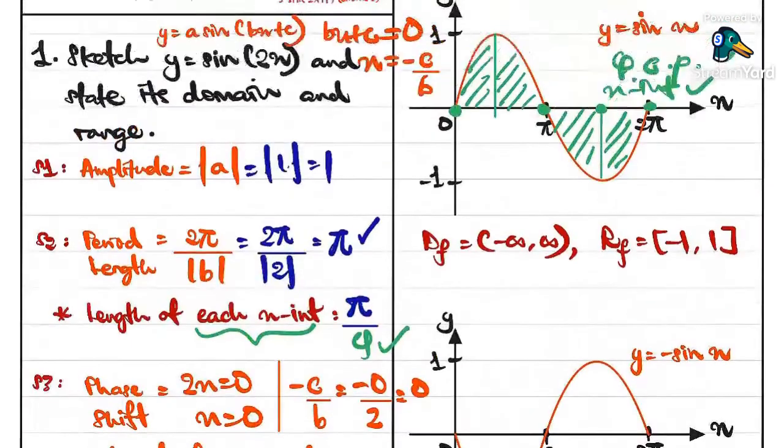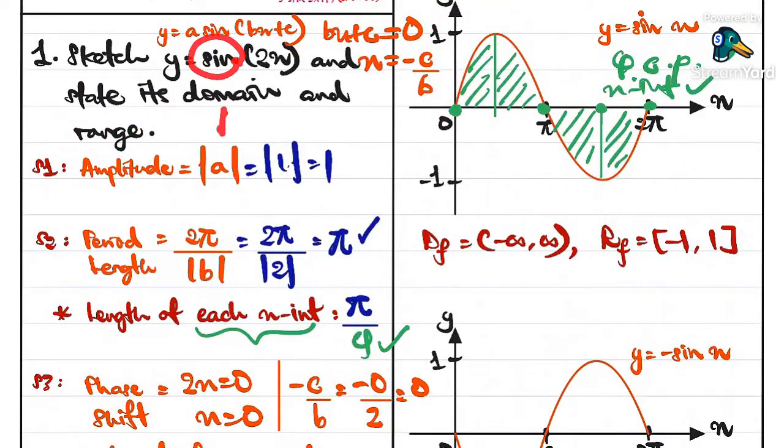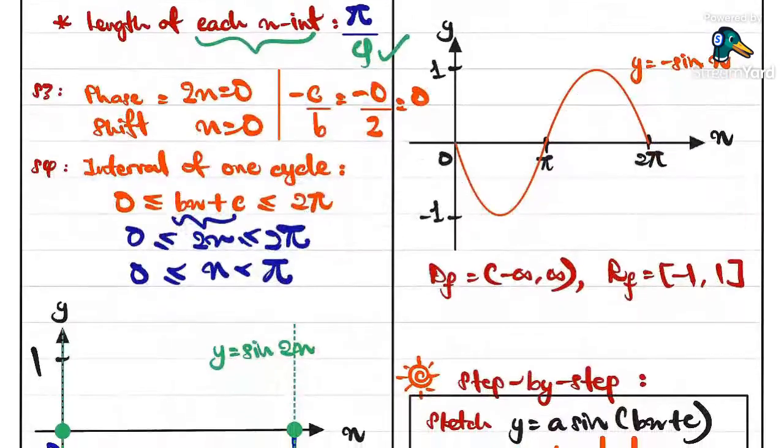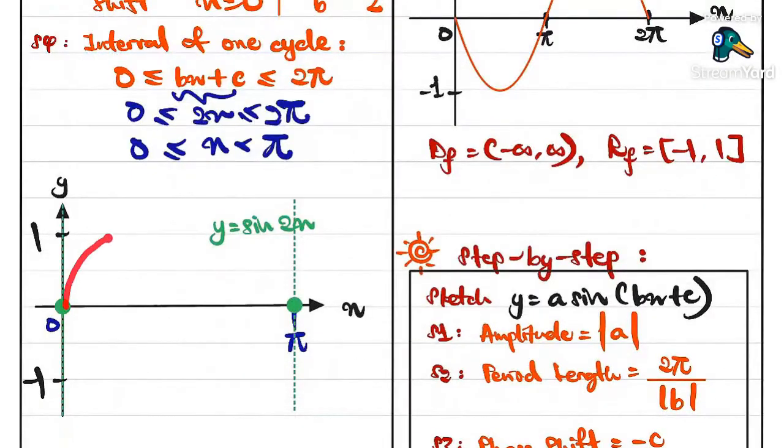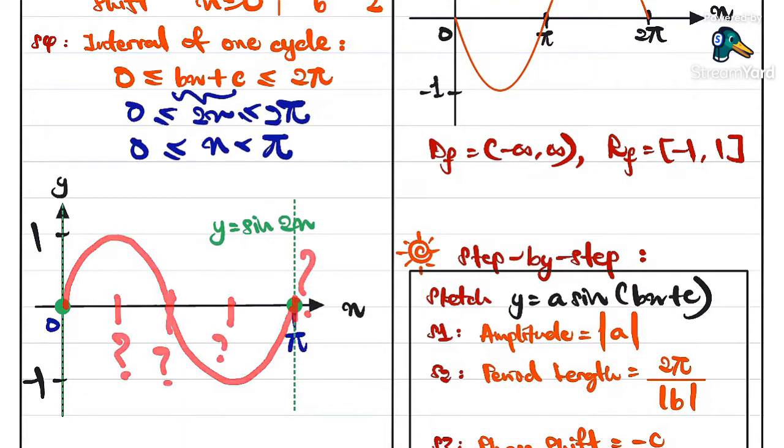And then you look at this carefully. This is a positive sine. A positive sine means it's going up first and then going down. So the sketching will be like this: up first, then down here. And all you need to do is find its intercepts, find its critical points. What is this? What is that? Yeah, that's it.